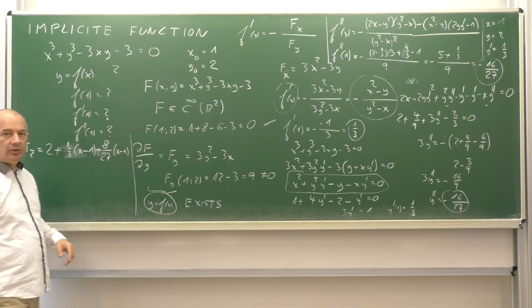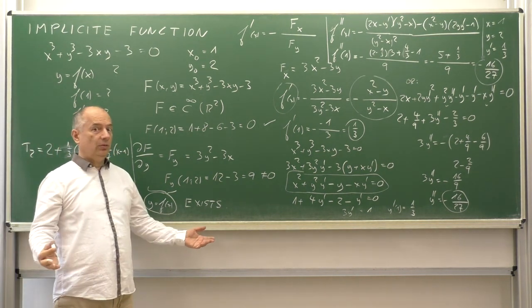So you see we have the second order Taylor polynomial for a function for which we have no formula.